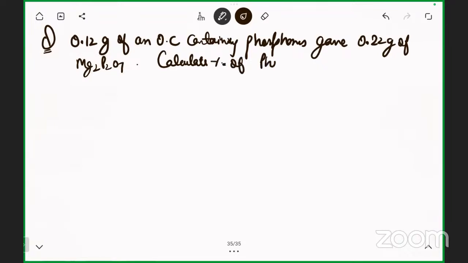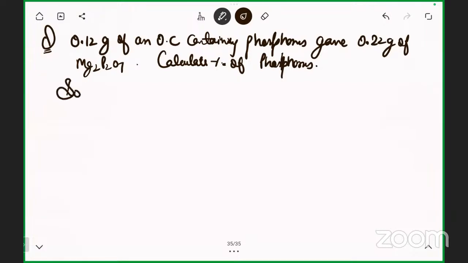Calculate the percentage of phosphorus. Those who are in class right now, are you getting my point or not? Yes, sir. Okay. So we have the organic compound given and we have the amount of Mg2P2O7 also. Now use this Mg2P2O7 formula.